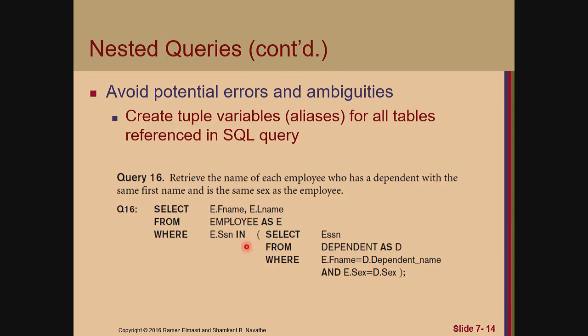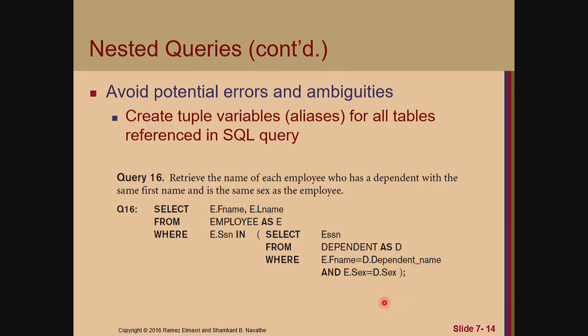And we can use E of the outer query inside the subqueries, as you can see here, where E dot F name. That means we try to compare the first name from table employee that we identify in our outer query, right, equal to D dot dependent name. This one is from D. D is the table dependent, so we can compare.